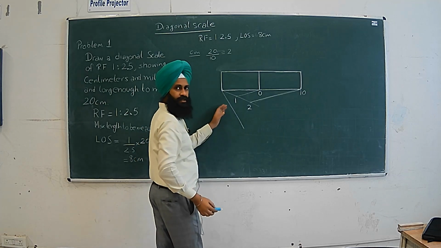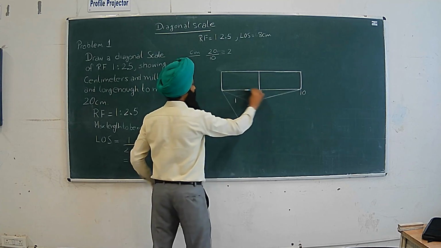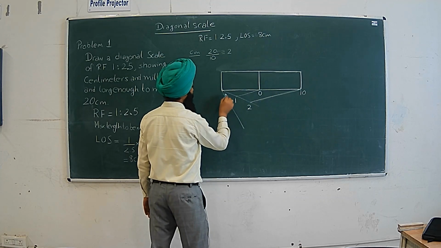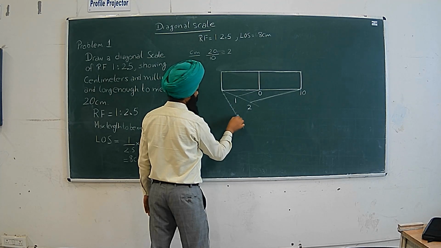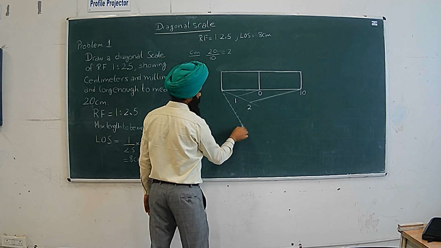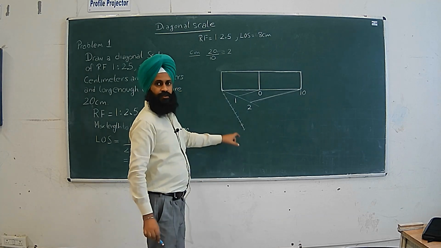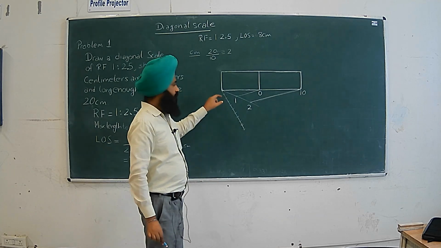Draw an acute angle with this baseline, divided into 10 equal parts. For dividing this in equal parts, you will use compass.